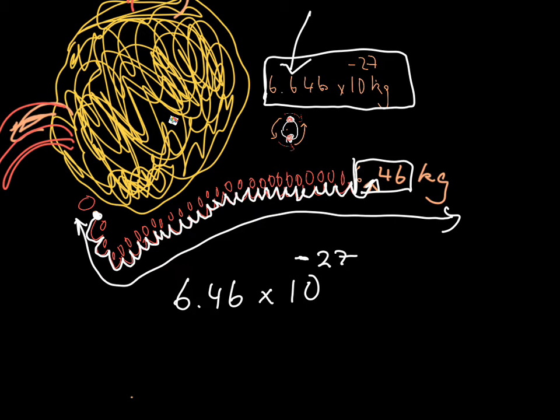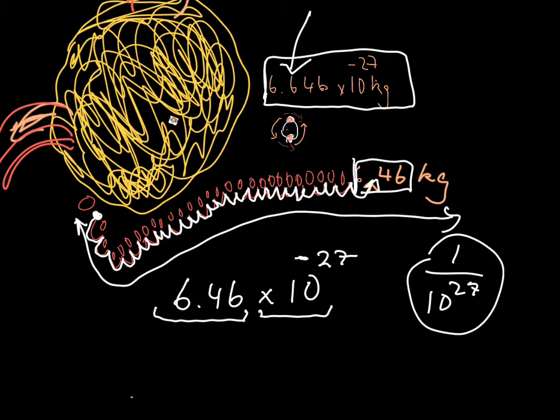So essentially, when I moved the decimal place, I was multiplying that number by 10, 27 times to reach the 6.46. So I must then show that, in order to make the numbers equivalent, you divide by 10, 27 times. And that's what 10 to the negative 27 means. It actually means 1 over 10 to the 27, or divide by 10, 27 times.